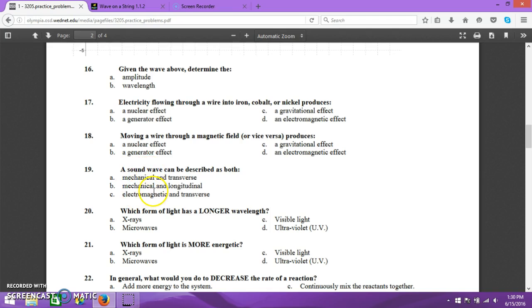So the answer is B, because a sound wave is mechanical, meaning it's not light, and it's longitudinal. It actually travels like a slinky, as if you were to press one end of the slinky toward the other end. So hopefully that helps describe 19. You should have been able to answer 19. You just got to go back and review what you've done there.